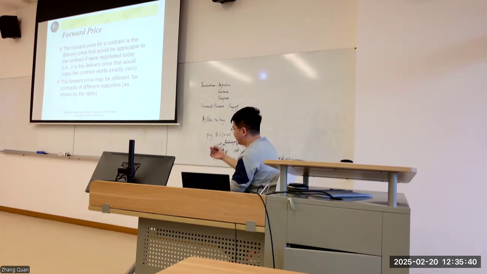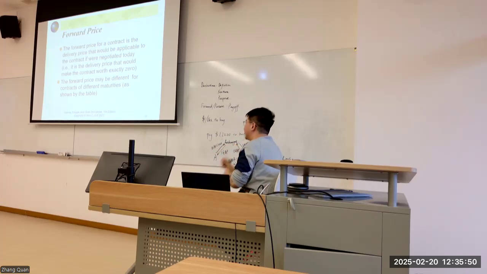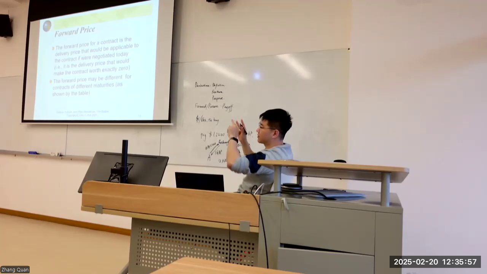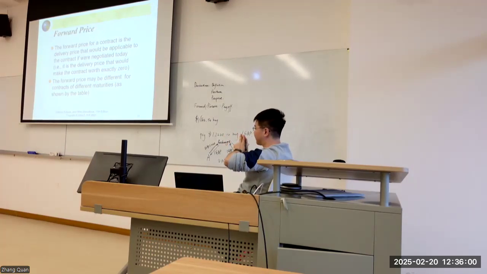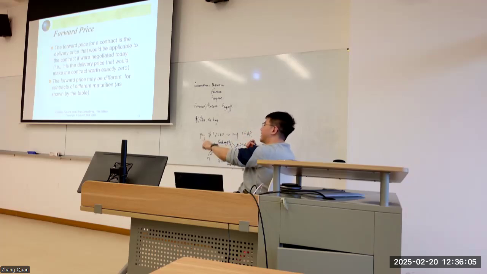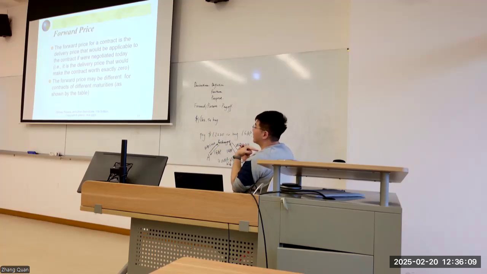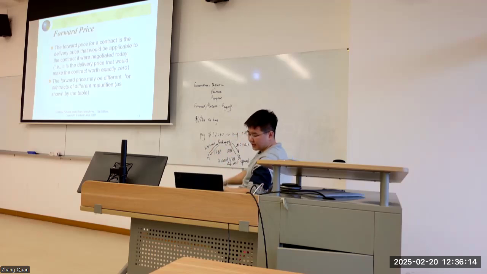Here, I just want to give a very simple sense of this. The price we usually talk about is the forward price because it is a price indicated for the contract. Sometimes we also call it the delivery price. These two terms refer to the same thing. Delivery price means this is the price you need to pay so that the counterparty will deliver the product to you.